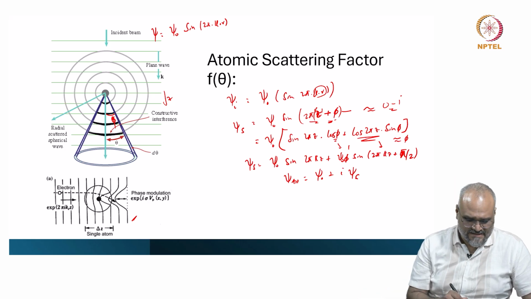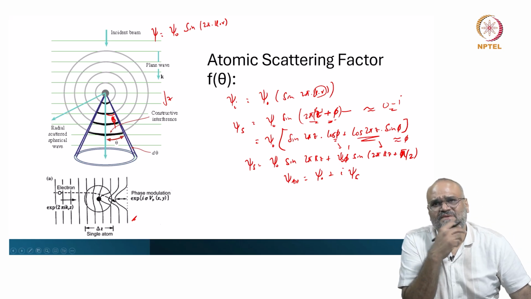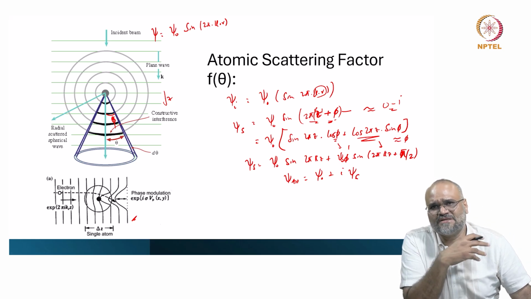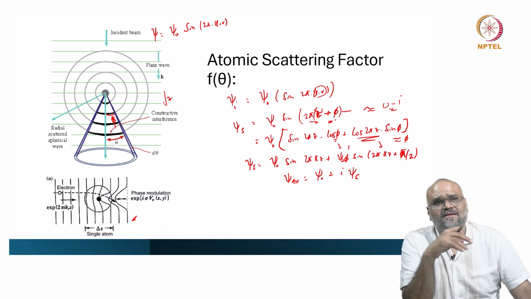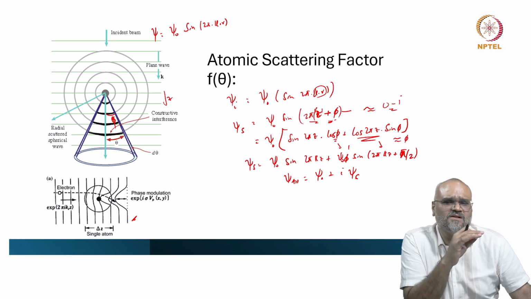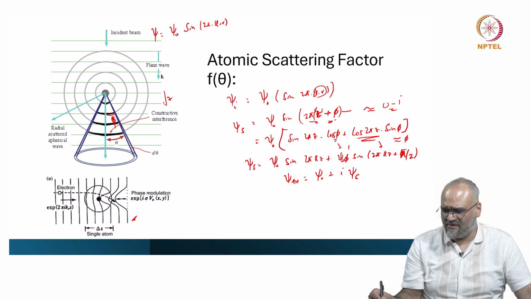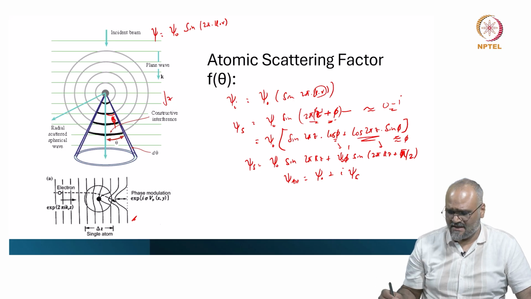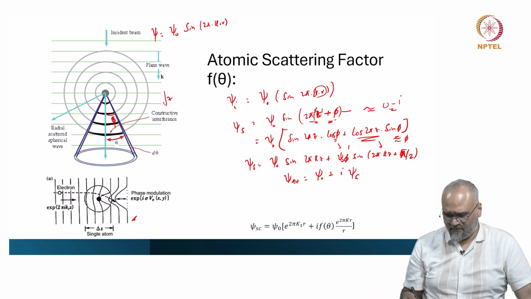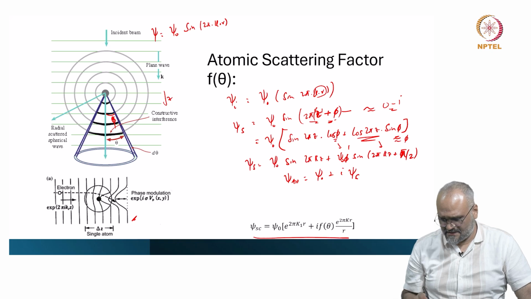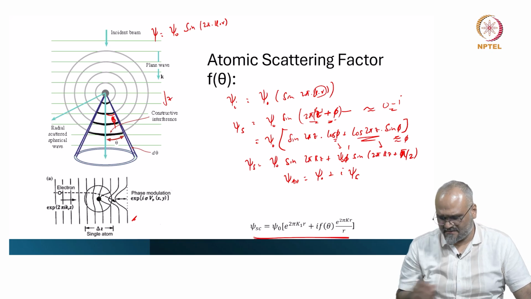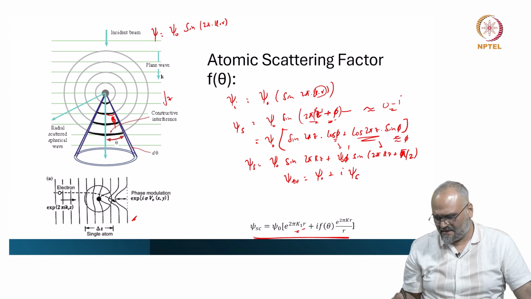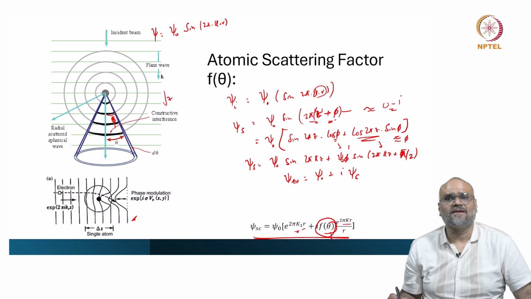This is a kind of a schematic that we saw a little while earlier towards the end of my previous lecture, that if you have an isolated atom, that also causes a phase shift, and the same phase shift has been introduced here, and the final expression you get for a scattered wave is psi scattered is psi naught e power 2 pi k1 dot r plus some value f theta e power 2 pi kr over r.